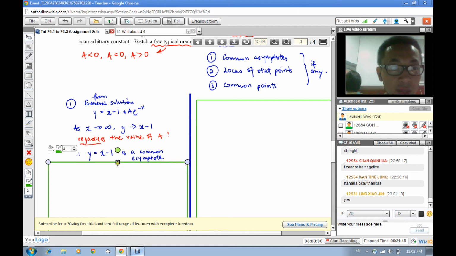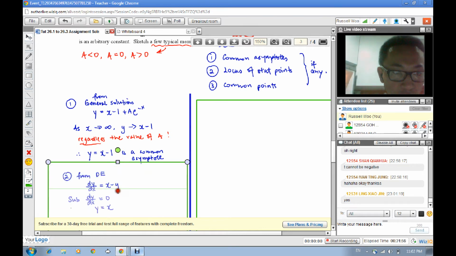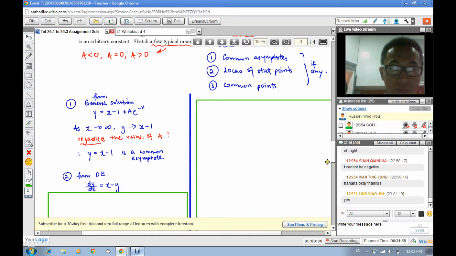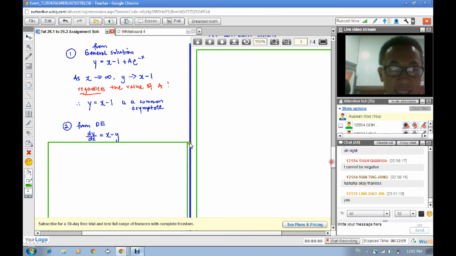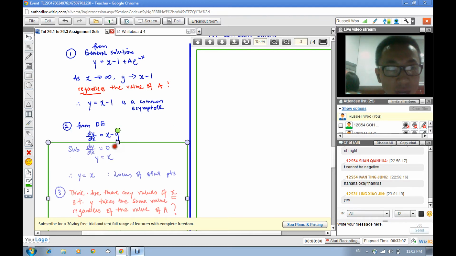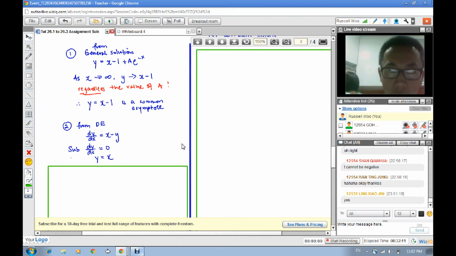However, for number 2, the locus of stationary points, we have to read from the DE. If the DE says this, of course for stationary points you substitute dy dx equals 0, and you get this expression.